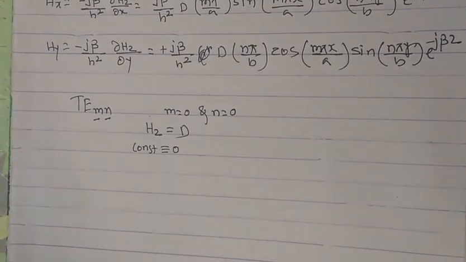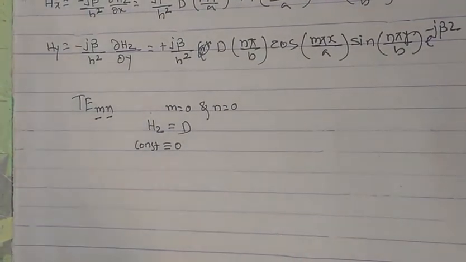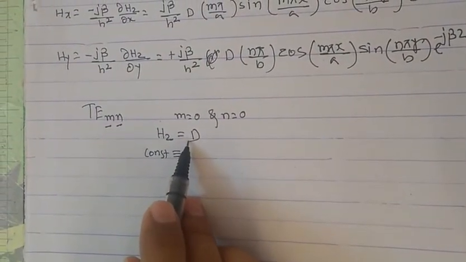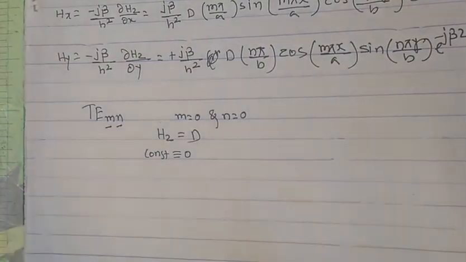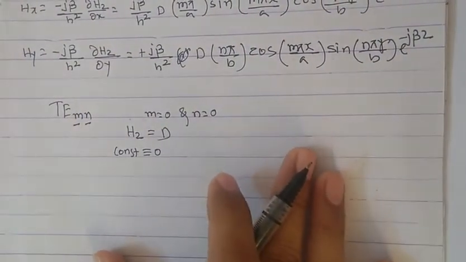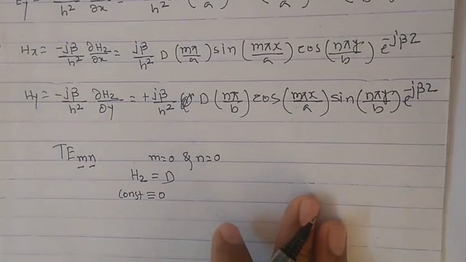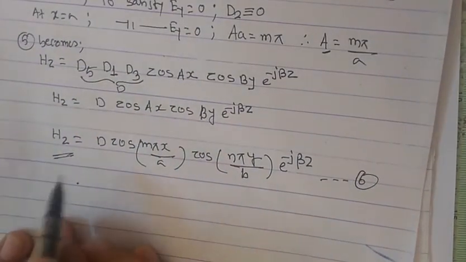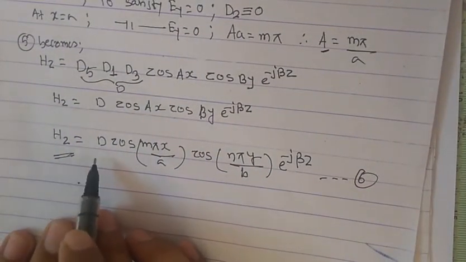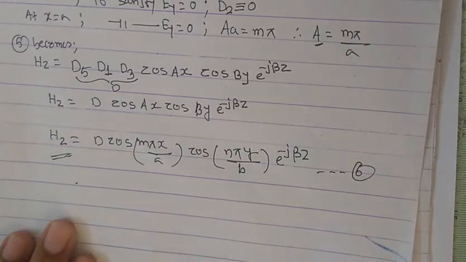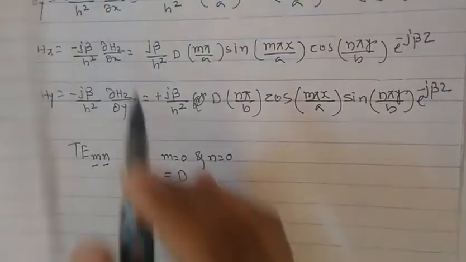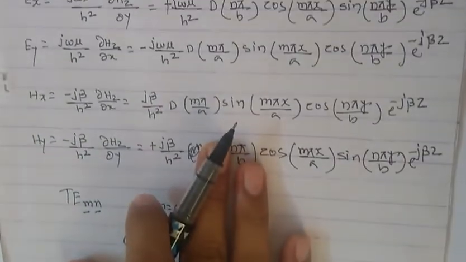Another way you can explain it, although if you think that Hz appears to be non-zero, it cannot exist without any electric field. So for that reason, when you say m equal to 0 and n equal to 0, even though it looks like Hz is not going to vanish, it appears to be a non-zero term, but it is not possible because if you take it into the general equations, when you take the space derivative, it will be 0.